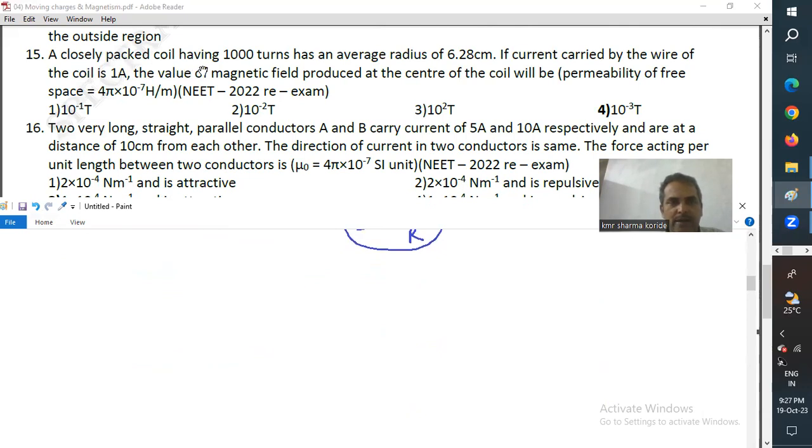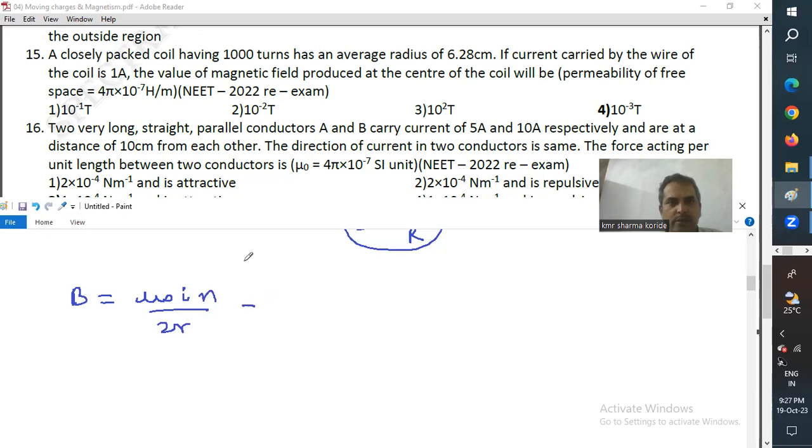A closely packed coil having 1000 turns has an average radius of 6.28 centimeters. If current carried by the wire of the coil is 1 ampere, we need to find out the magnetic field produced at the center of the coil. So therefore, if it is a circular coil, B is equal to mu naught I into number of turns by 2R.